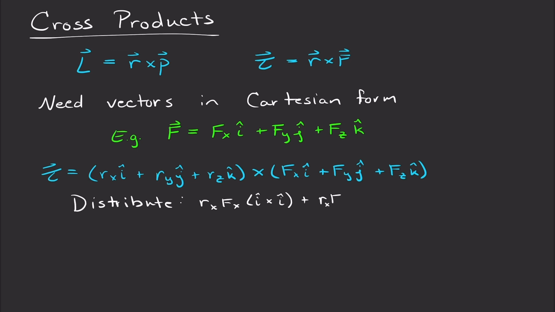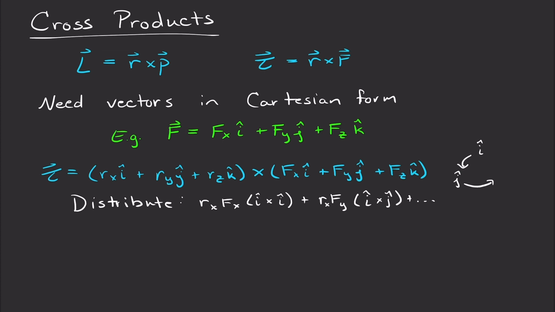So these are just scalars, so they can't be crossed. But i hat, j hat, k hat are vectors, namely unit vectors, so they can be crossed. So this is i hat cross j hat, and so on. And all you have to remember is that i hat, j hat, and k hat are cyclical.